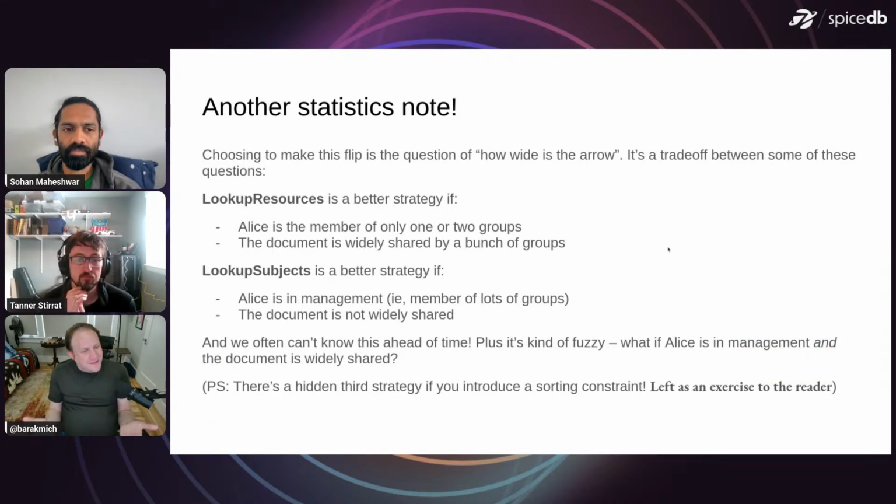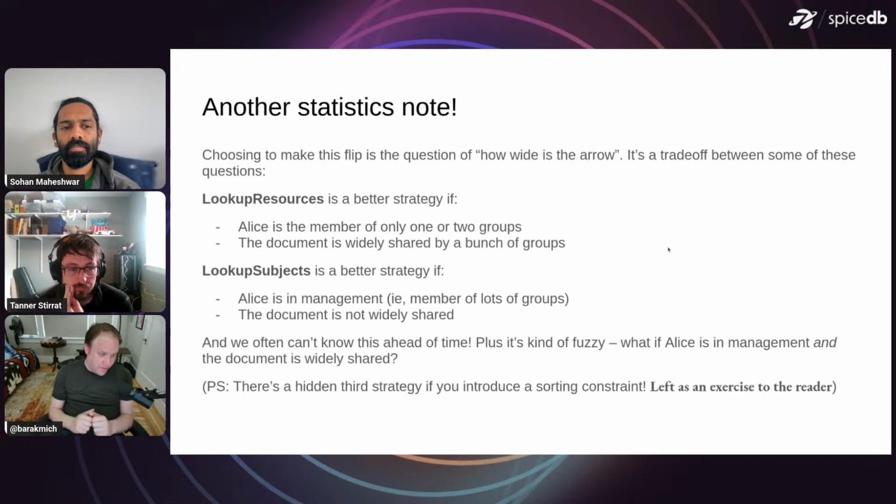Next slide. When do we make that decision? When would one be better than the other? That's also a question about data shape. The data shape in this case is what we call the width of an arrow, or fan out, is another term you'll hear a lot. It's a trade-off between the two directions. Going from Alice backward is better if, say, Alice is a member of only 2 or 3 groups. The document might be widely shared.